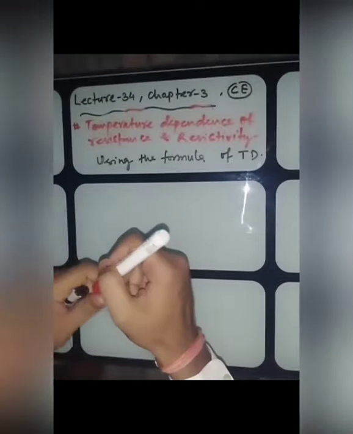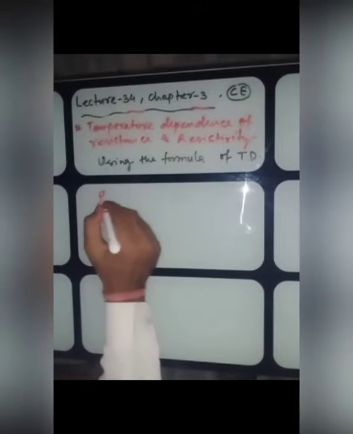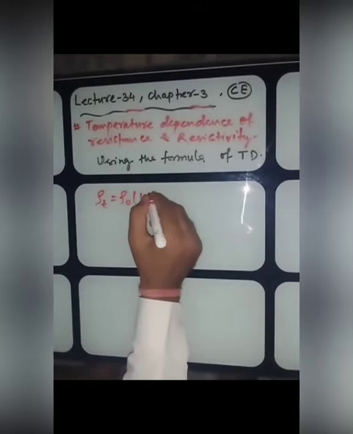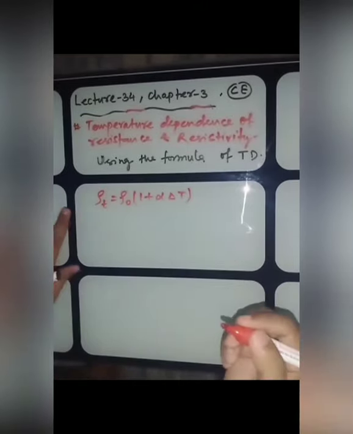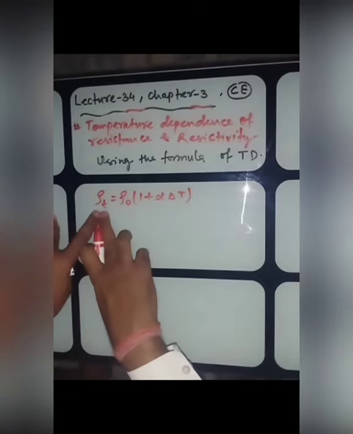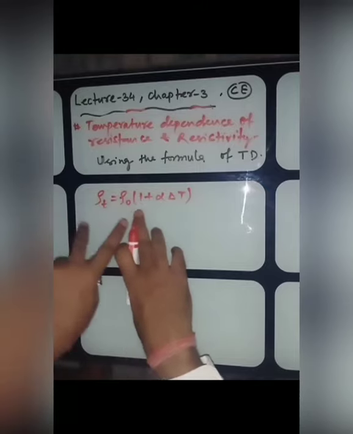So here we can write directly rho T equals rho naught times 1 plus alpha delta T. Here rho T is the resistivity at temperature T. Rho naught is the resistivity at absolute temperature.